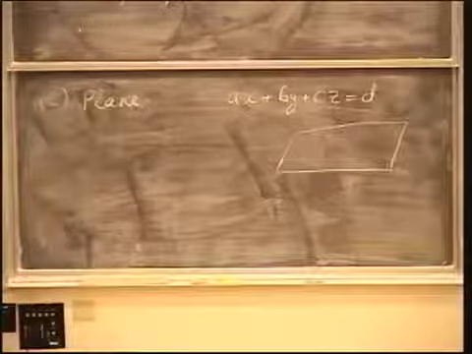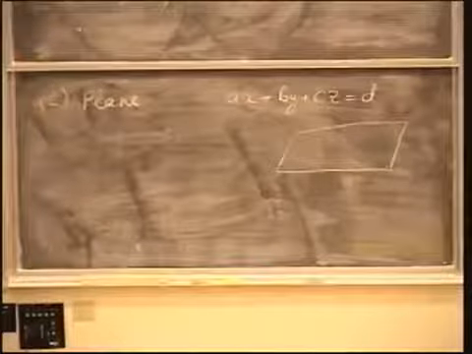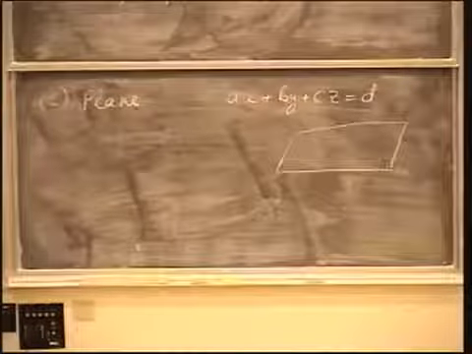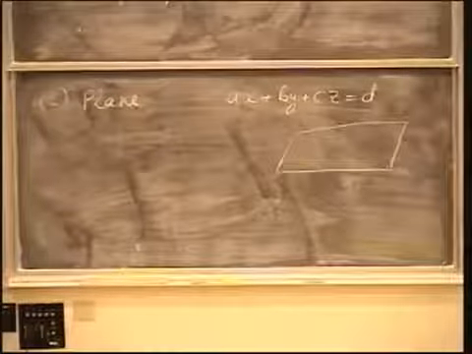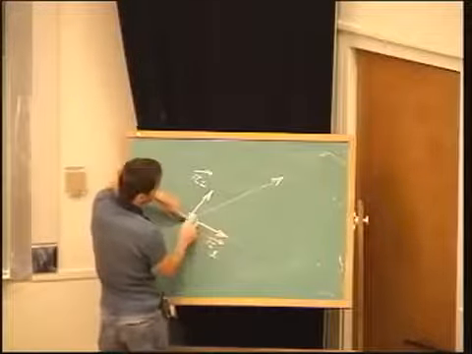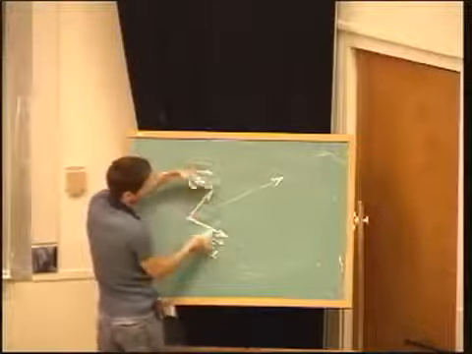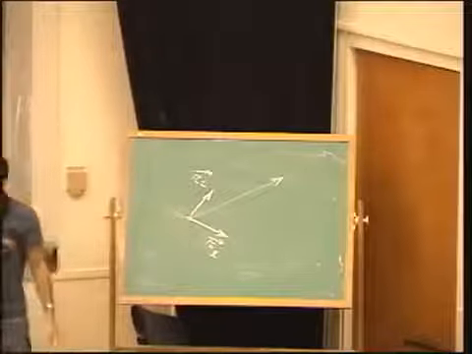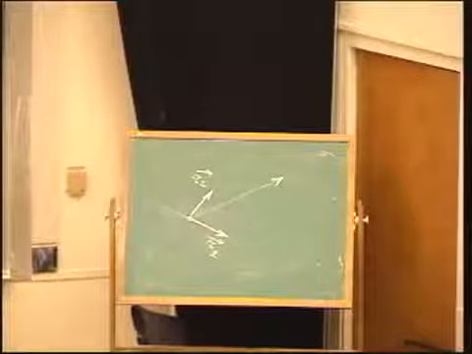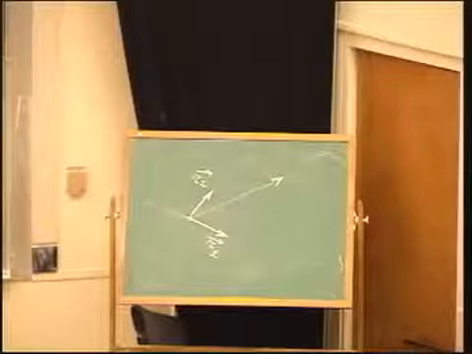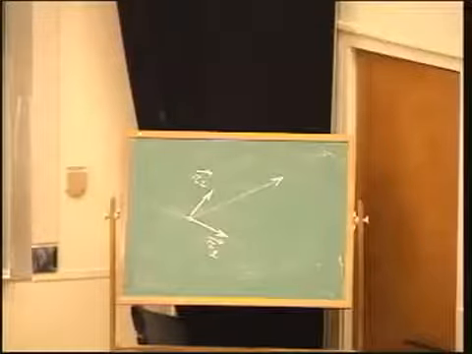So if I pick two vectors, let's call them R1 and R2, then any other vector on this plane can be obtained as a superposition of some multiple of this one and some multiple of this one, or as some combination of this one and this one. And I can use that to find a parametric representation for this plane. So let me draw it on this picture. This is my coordinate system.